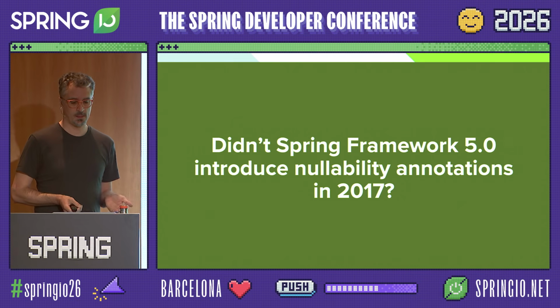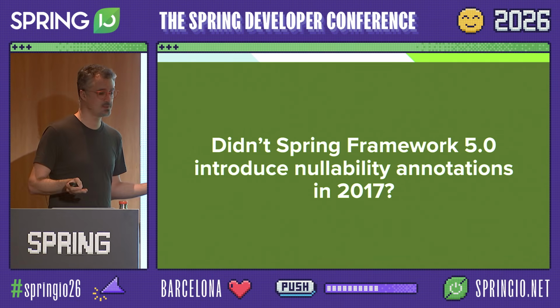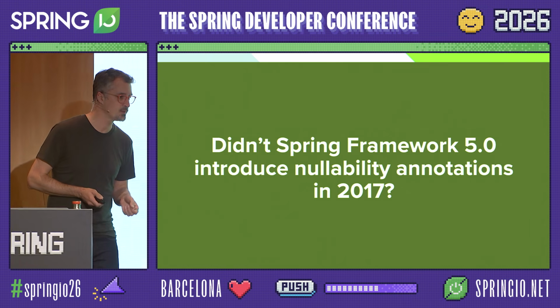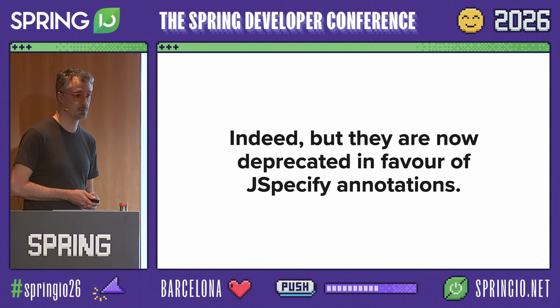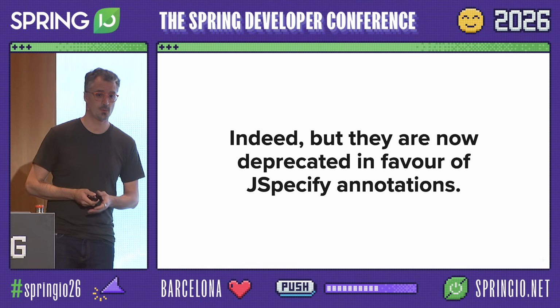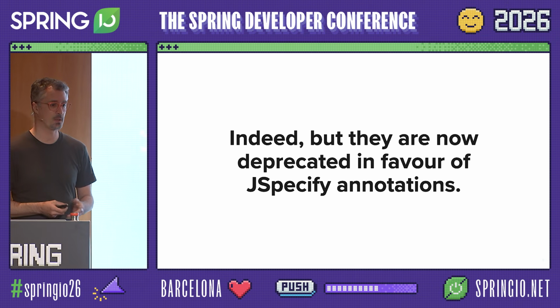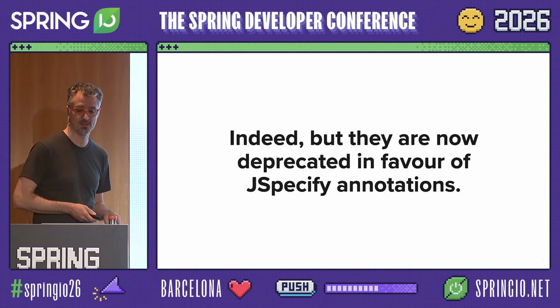You may wonder, Sébastien, in 2017, you said that you were introducing null safety annotations in Spring Framework 5, so what's new? That's true. We introduced that pretty early. It was inspired by Kotlin, which was providing that on the Kotlin side, and we made a first step to introduce null safety on the Java side.